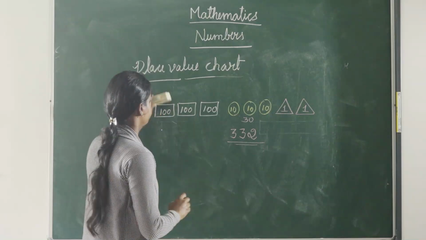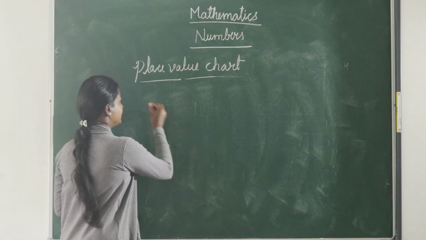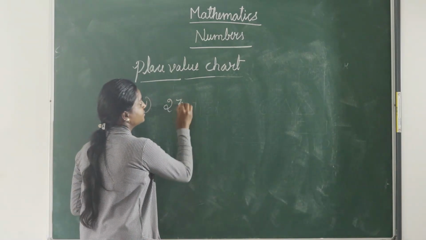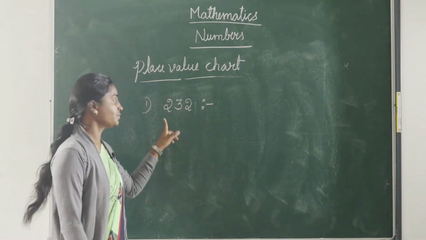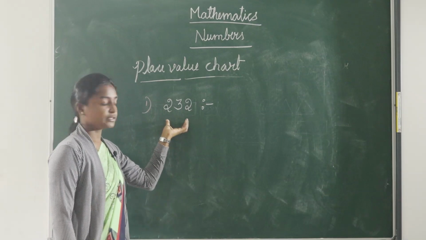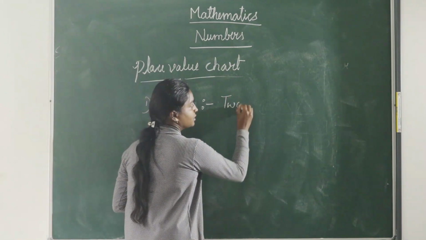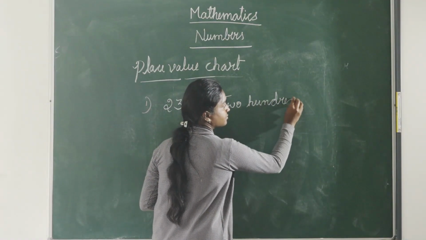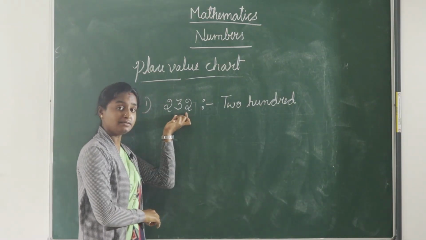Now let's write the number in words. For example, here they have given 232. How to write this one in words? That is, here 200, because 2 is in 100 place and 3 is in tens place.